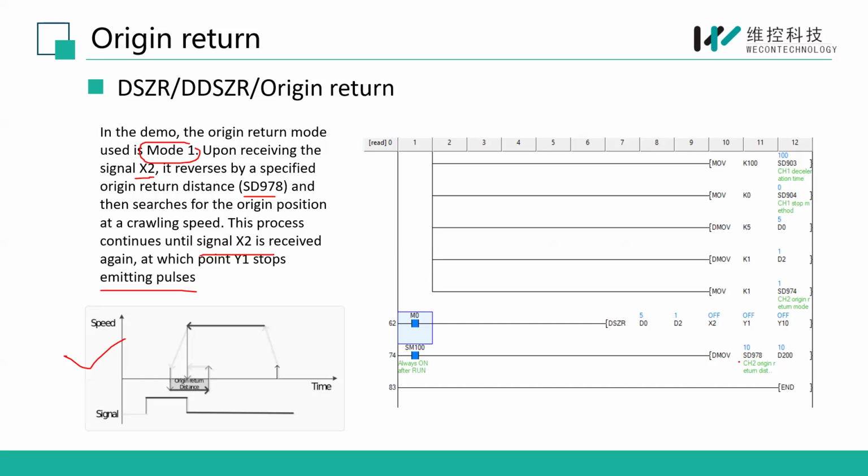This is the return distance we set, and when the instruction finishes the origin distance, it will run reverse again. And when X2 is triggered, the instruction will stop. So this is the DSJR.